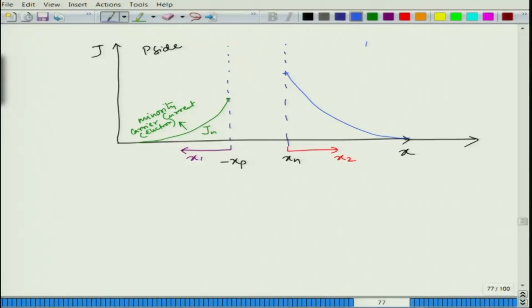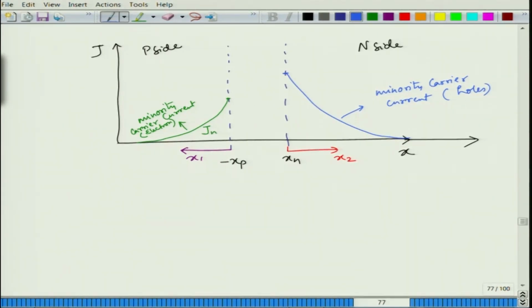In this case this is the n side, and this is the minority carrier current, and in this case the minority carriers are holes.